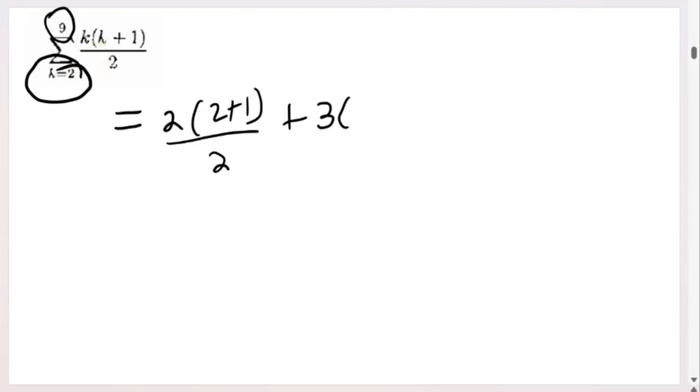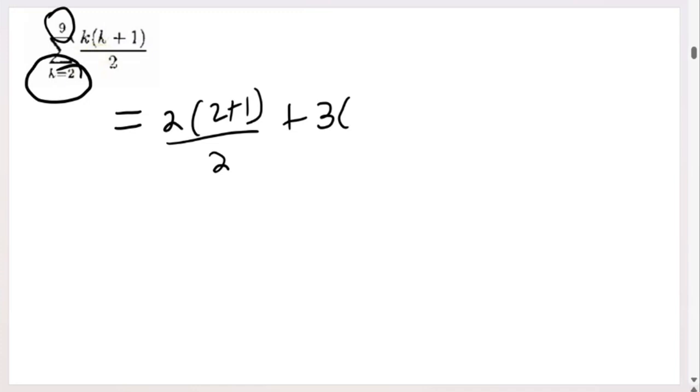This is going to be equal to 3 into 3 plus 1 over 2, till your k is equal to 9. So we are going to stop where your k is equal to 9.